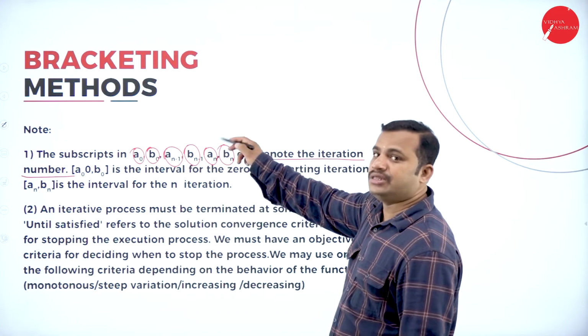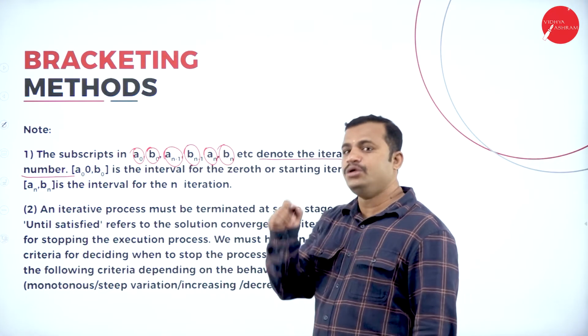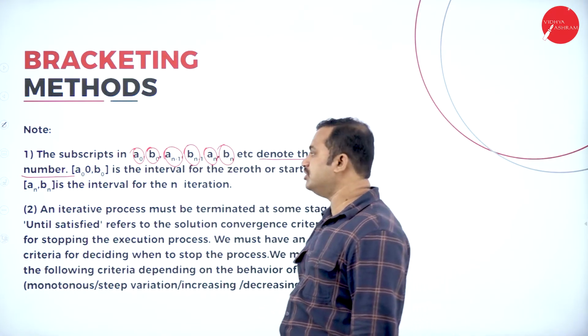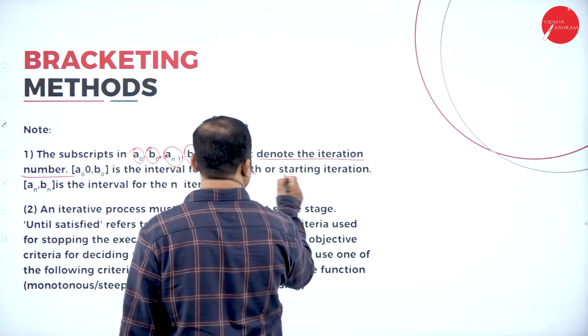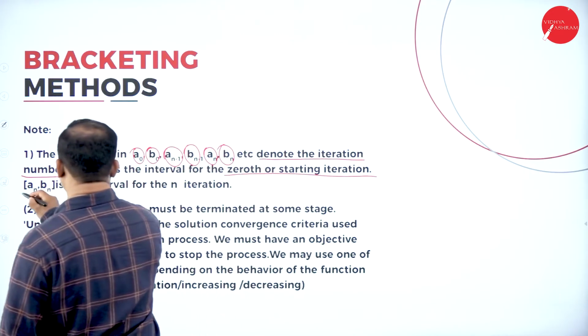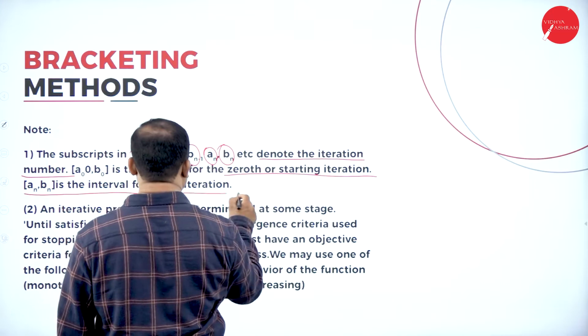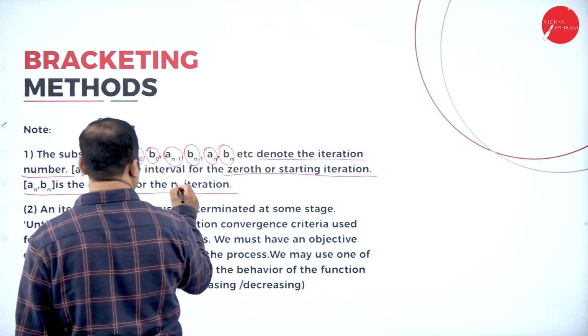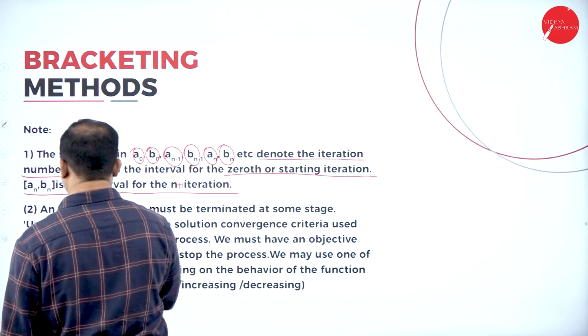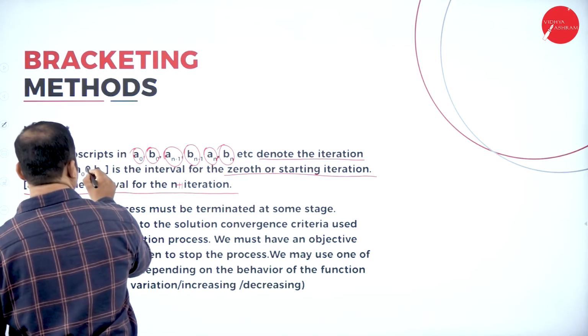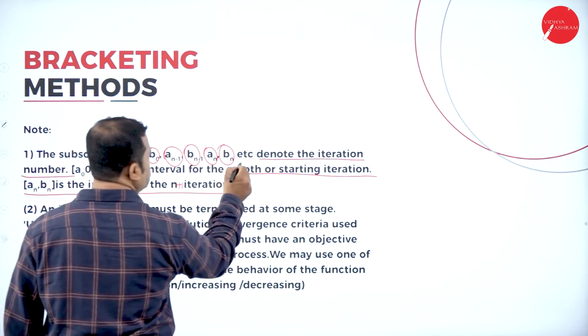AN indicates the n+1th iteration, wherein you will find the root of an equation. So the 0th or starting iteration, that is AN, BN, is the interval for the nth iteration or n+1th iteration, I will call it, because I am beginning from 0 here, 0th iteration.